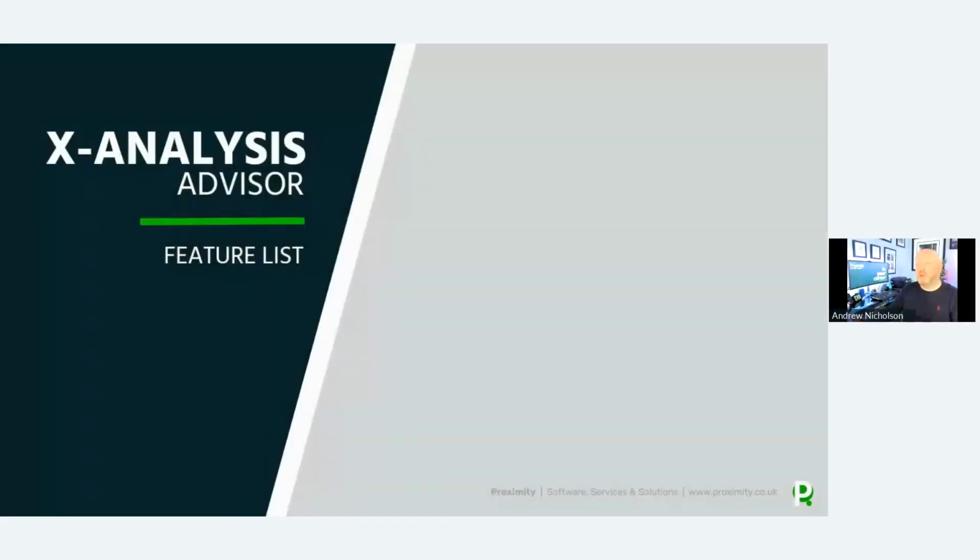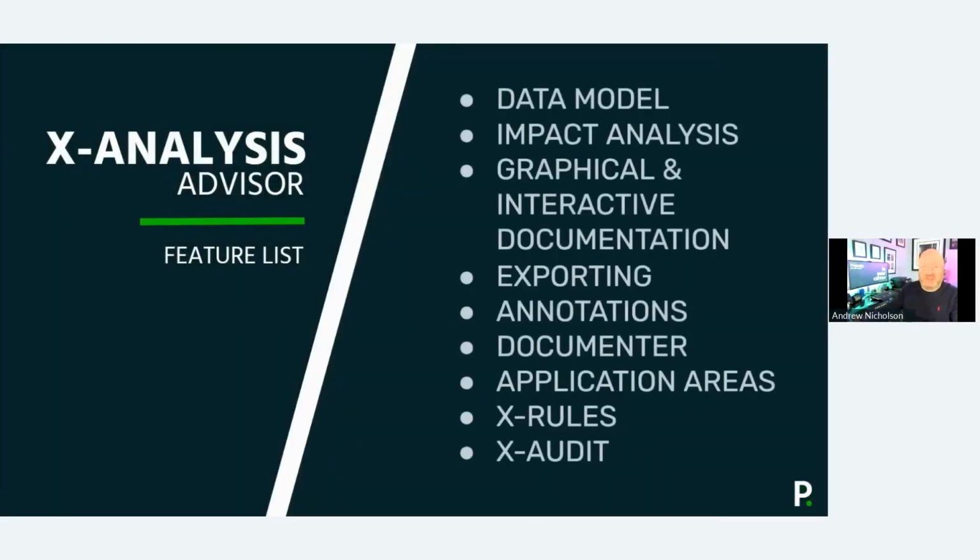Now, everything you saw today is possible within X-Analysis Advisor, and it's quite a rich feature list, including application areas to subdivide applications, customized documentation with exports, and metrics to measure code quality and complexities. However, we understand that there are smaller teams and businesses that may not require this extended functionality.